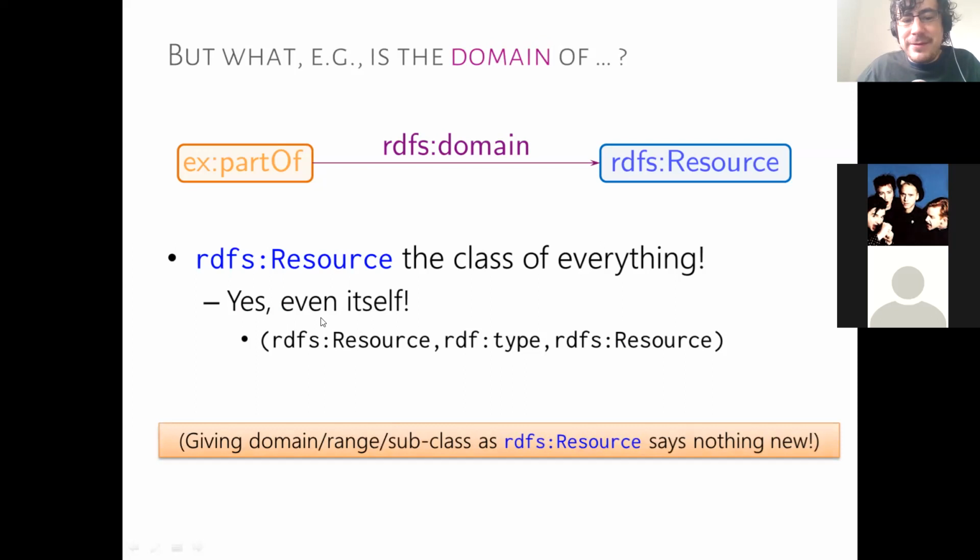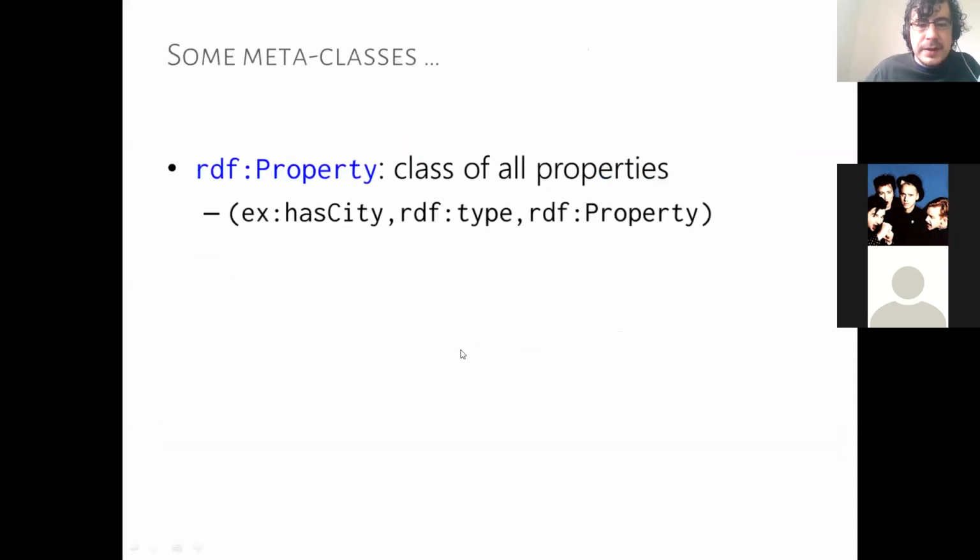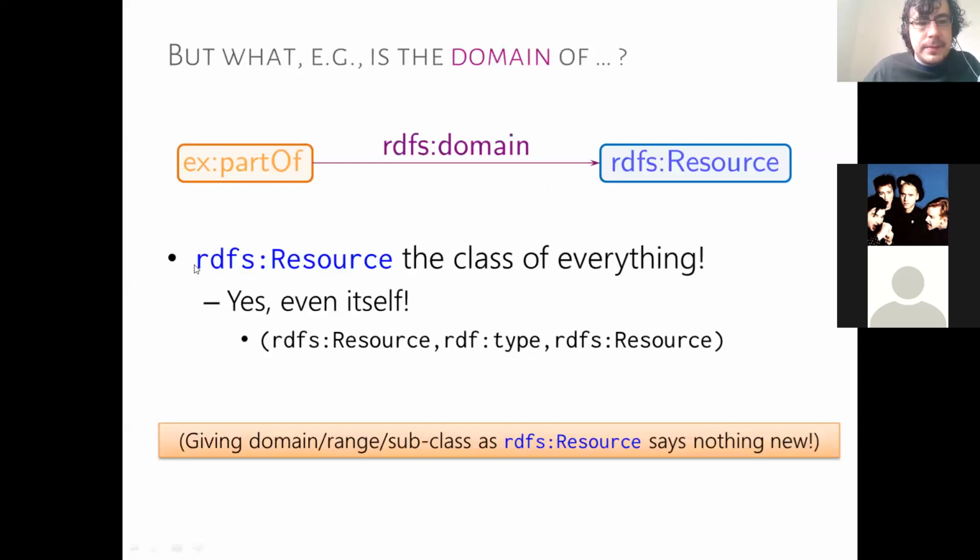So essentially, if we define the domain or range of a property as Resource, it tells us absolutely nothing, because we already know that everything is a resource. Oftentimes you'll find this defined just to say, hey, you can use this property on anything you want. It's not restricted.